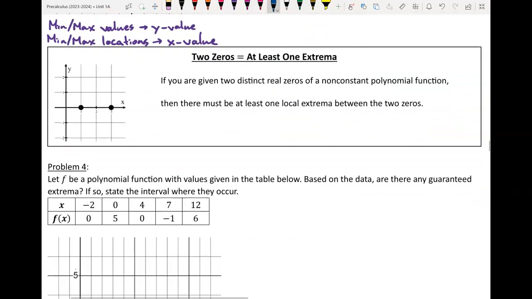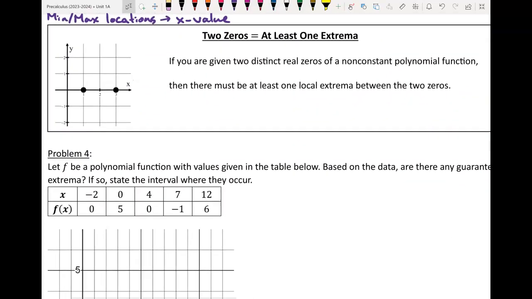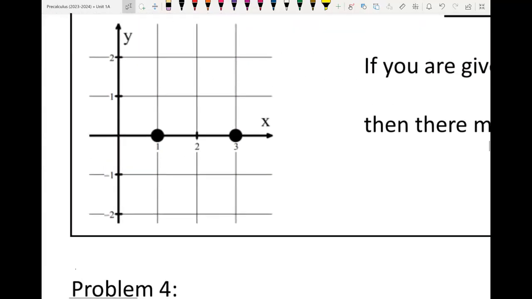So next thing that we're going to talk about is when we have two zeros, we have at least one extrema in between them. And that is because however I graph this function, if I'm coming up to my x value, well, I have to eventually drop back down to this one. So I'm going to have that extrema, either a max or a min, in this case a min.